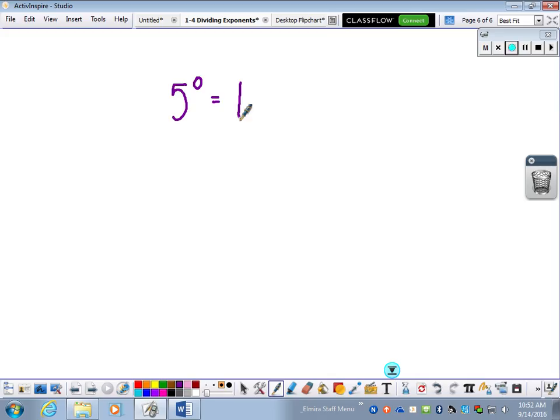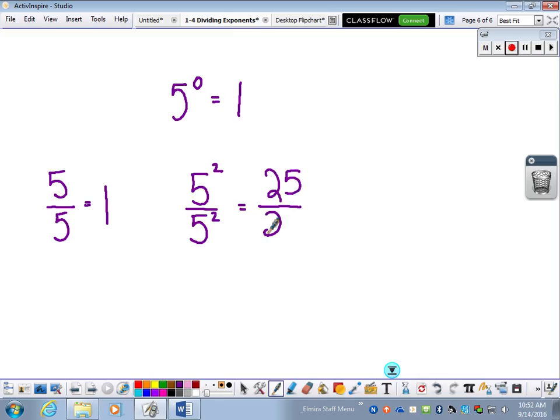Let's say I had 5 divided by 5. I think we can all agree that anything divided by itself is 1. Okay, let's talk about 5 squared divided by 5 squared. If we put that in standard form, that would be 25 over 25.